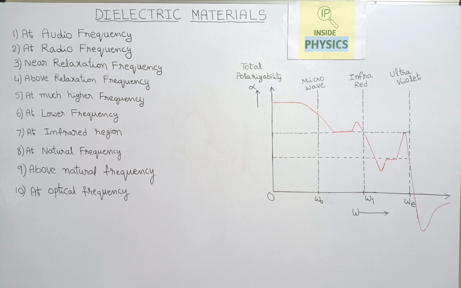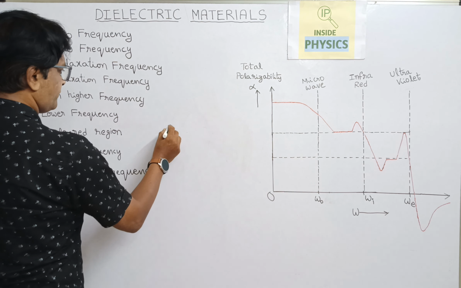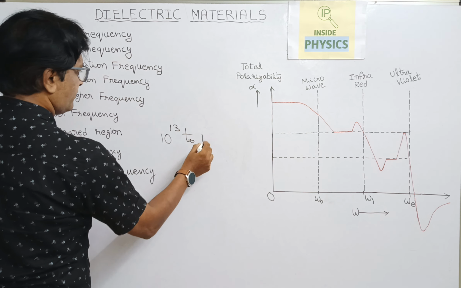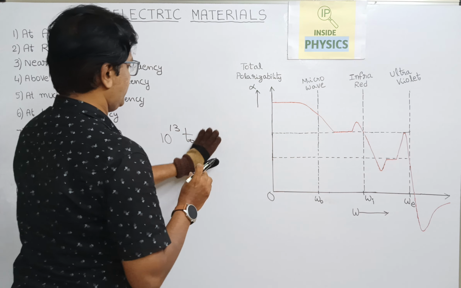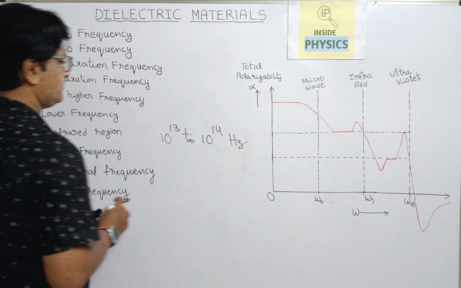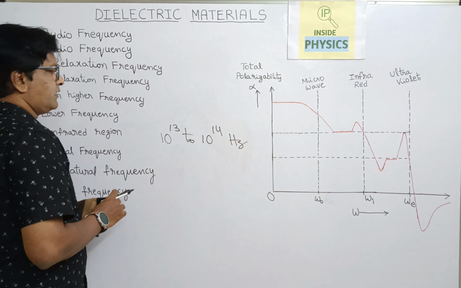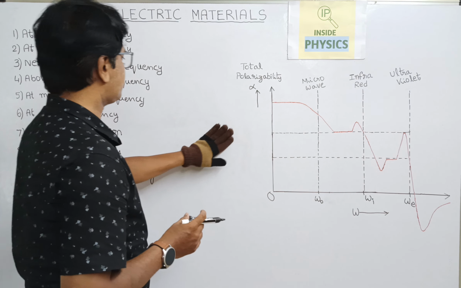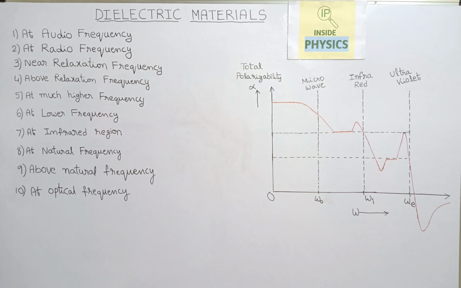Generally, the oscillating natural frequencies are in the region of 10 to the power of 13 to 10 to the power of 14 hertz. So in this natural frequency zone, the power loss is minimum because they have a natural frequency, and this power loss is called resonance loss.